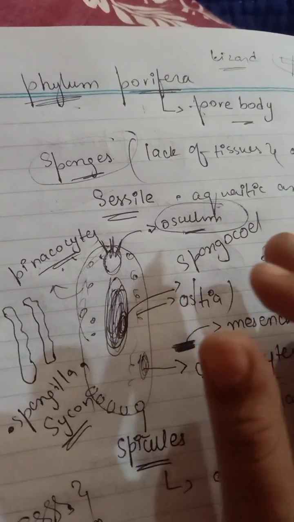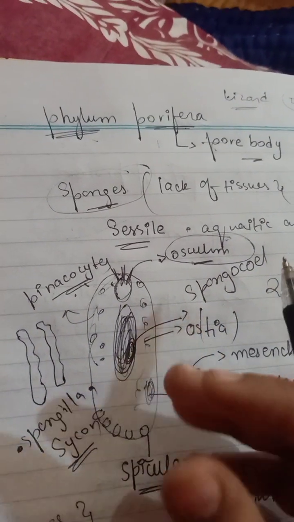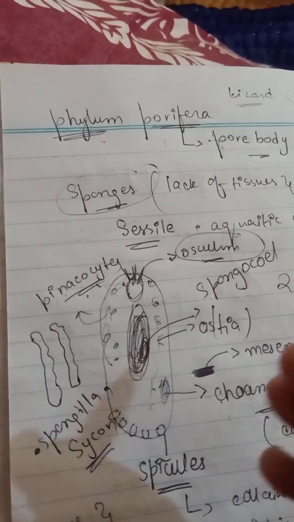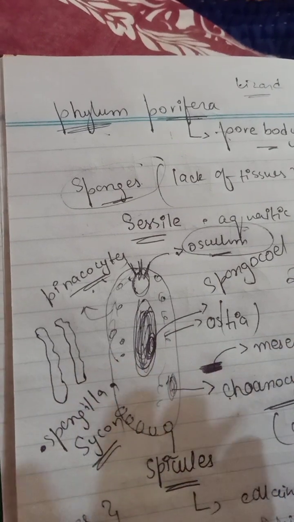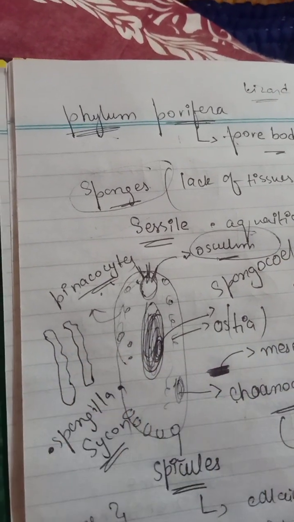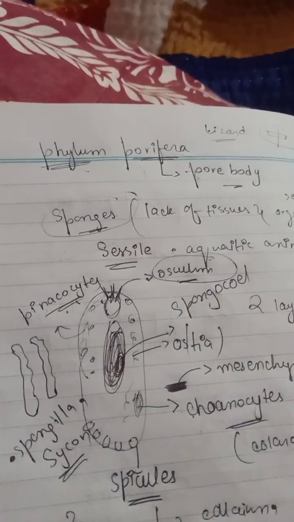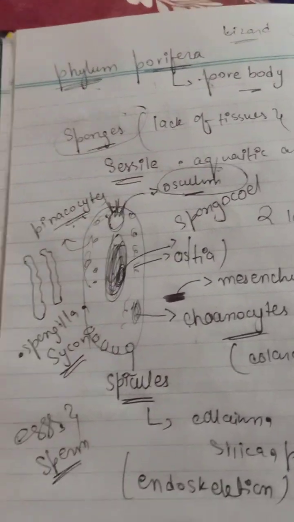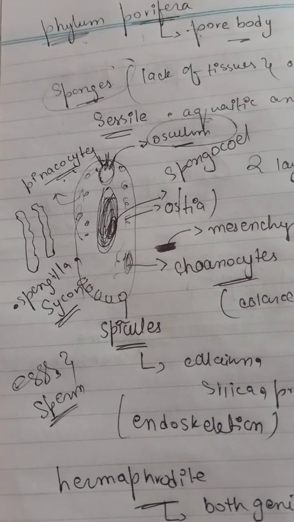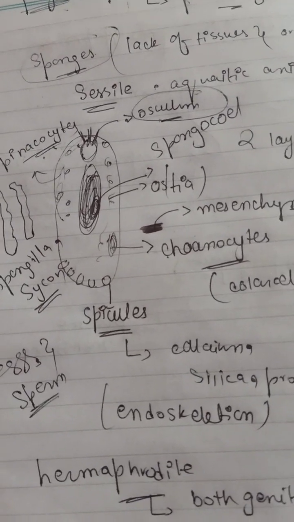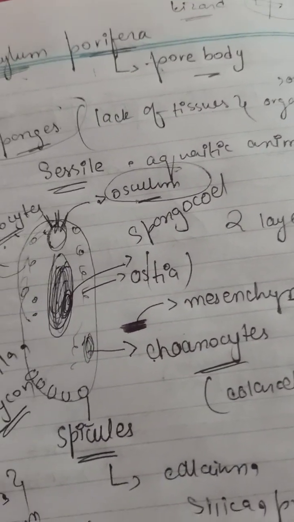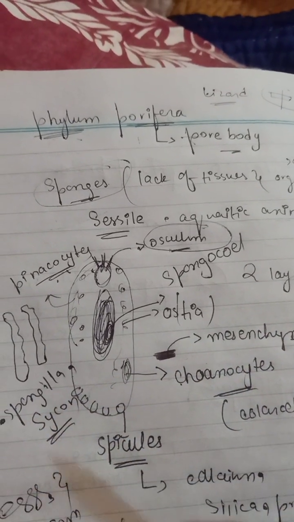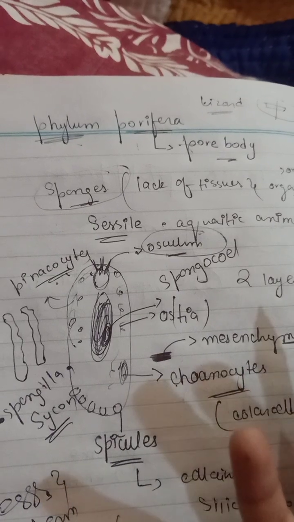If we talk about the digestive system, they have completely intracellular digestion, which means digestion occurs inside the cell. I will also tell you about their importance. For respiration, they have no special organ. They lack a nervous system.